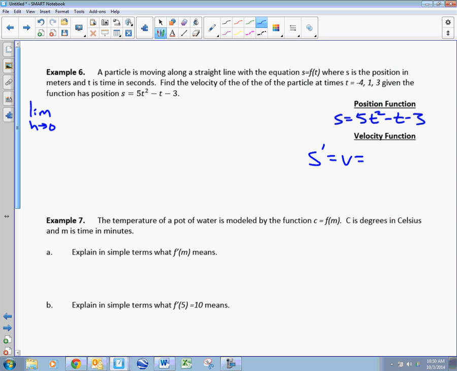What do you get when you plug in a plus h? 5 times a plus h squared, minus a plus h, minus 3. So that's f of a plus h, all right? A lot of people forget this minus a plus h, or they forget the minus 3.